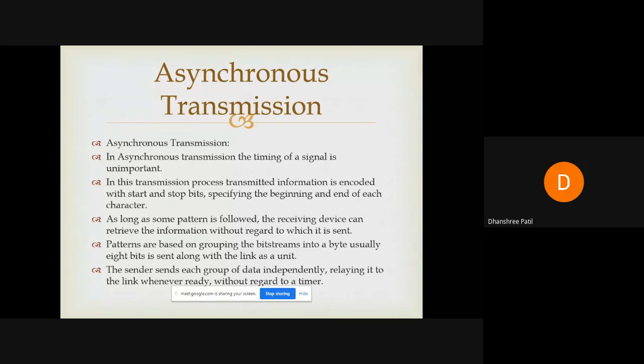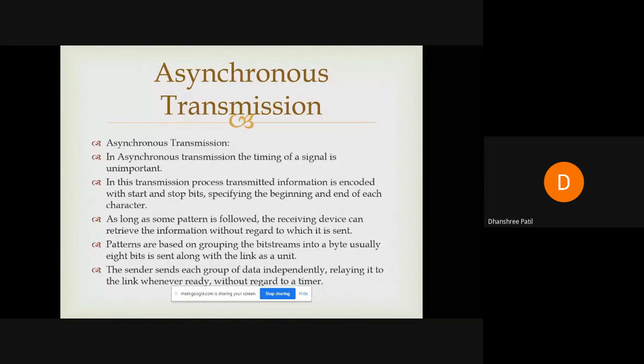Suppose the sender has sent the data at 10:30, it can reach up to 11:30, then also it is okay. In such cases asynchronous transmission is used, where timing is not important.